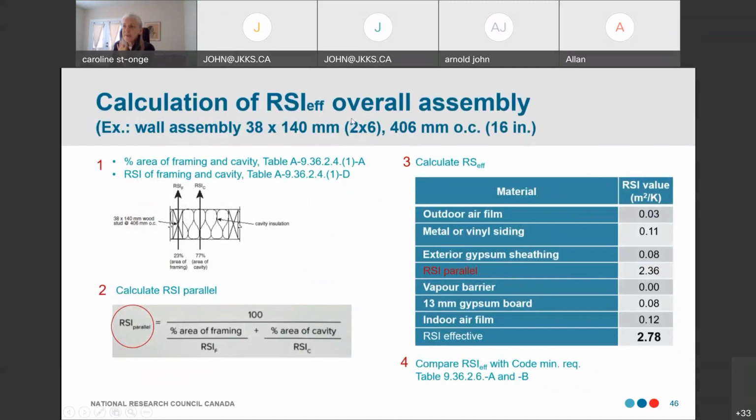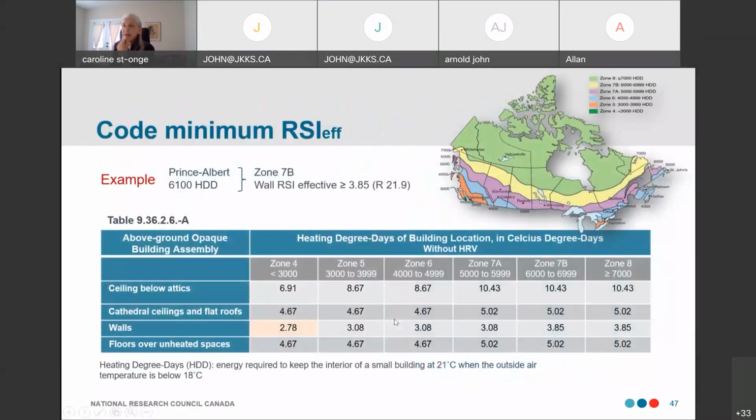Once you have that value, you then compare this value with the code minimum requirement stated under table 9.36.2.6A or B, depending on what type of assembly. This is an example, and I pulled out table 9.36.2.6A.